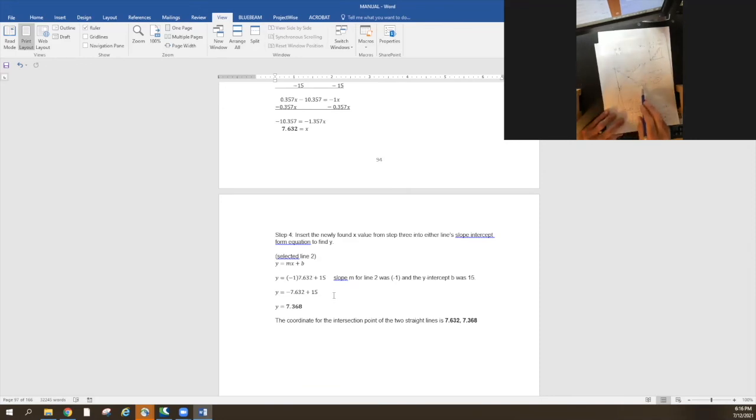I could use -1 and 15 if I want. Either way, I'm going to get the same answer. So 0.357, y-intercept of 4.643.